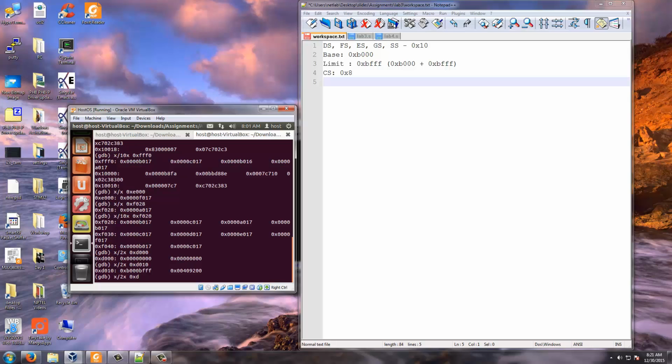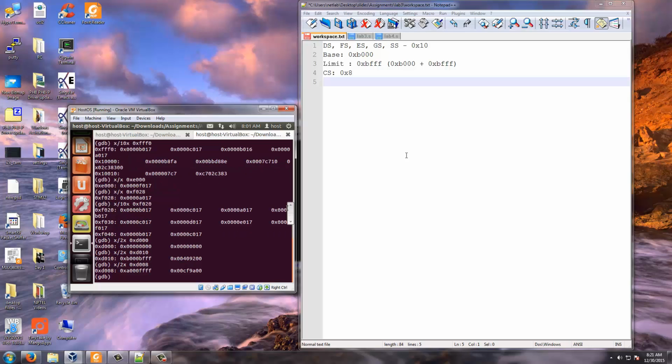So let us go and see what is there in 0x8, D008. This is the GDT. So this is a code segment. This is of privilege 0. So base is 8000, and limit is FF, very large limit, and then privilege level is 0, as you see here.